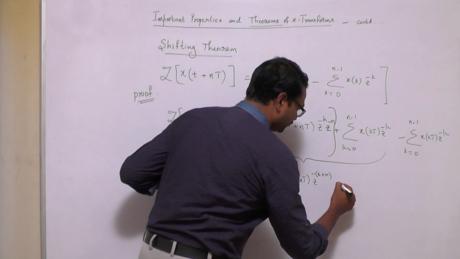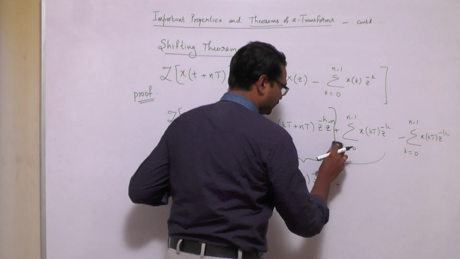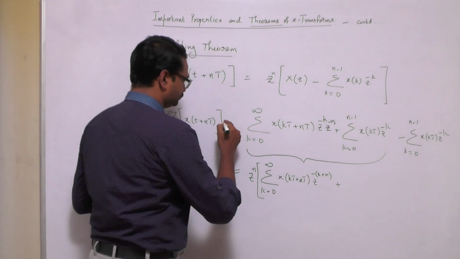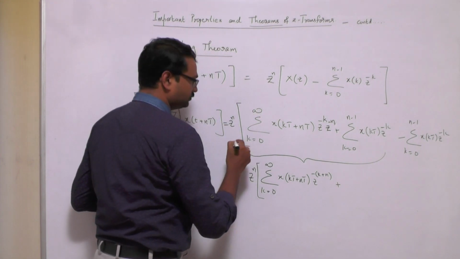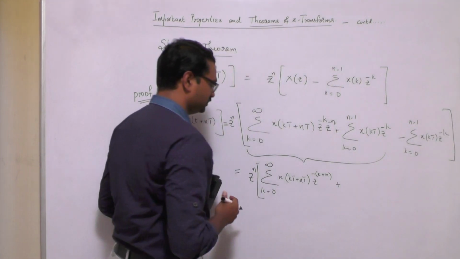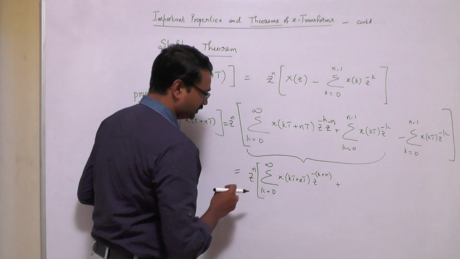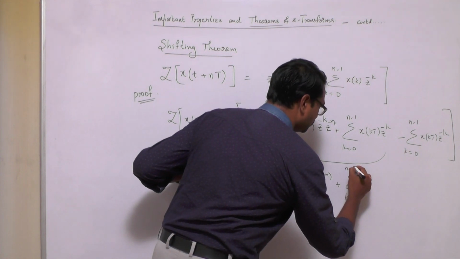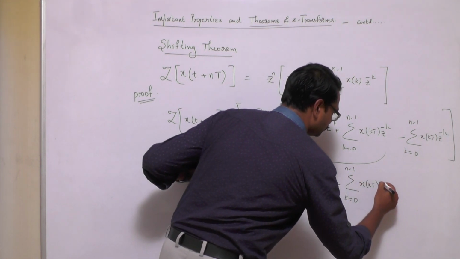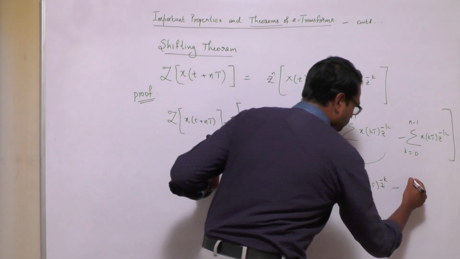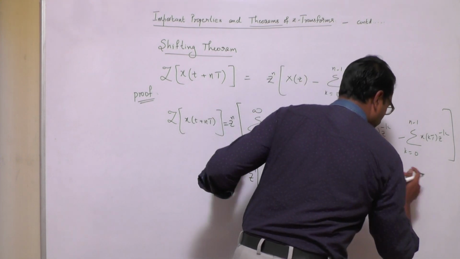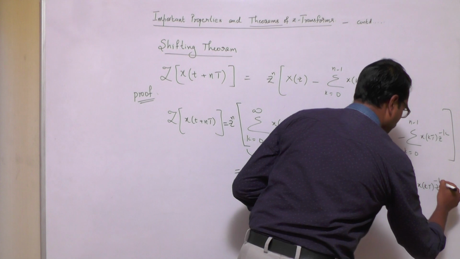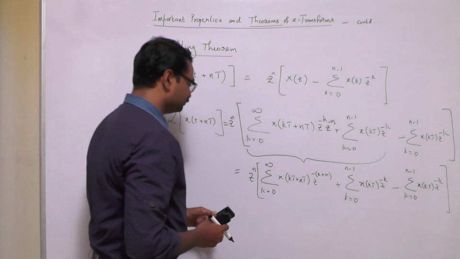In this equation, if I add these terms, if I consider z power n into these terms, now you can say we can add this term here, sigma k equals 0 to n minus 1 x of kt z power minus k, minus sigma k equals 0 to n minus 1 x of kt z power minus k within the brackets.